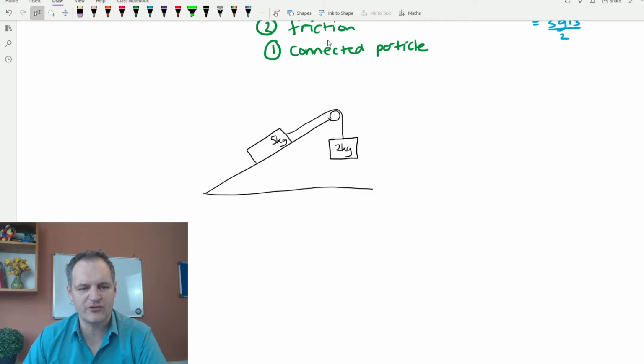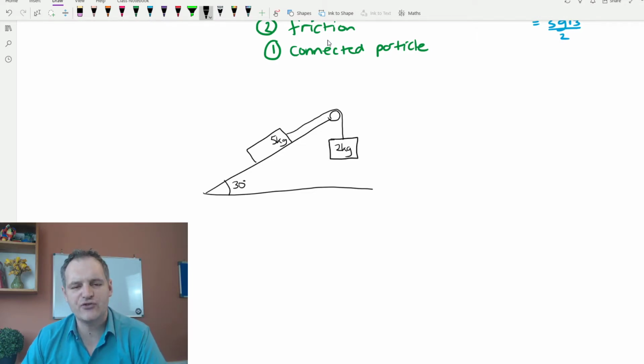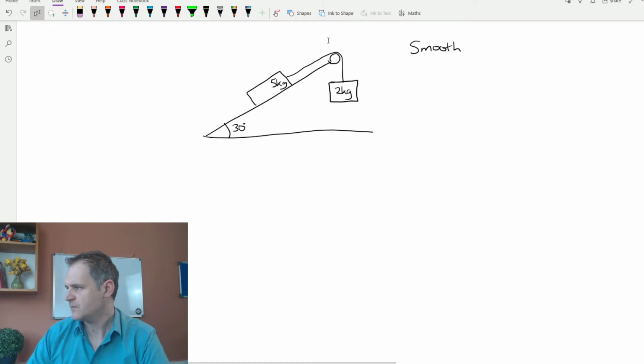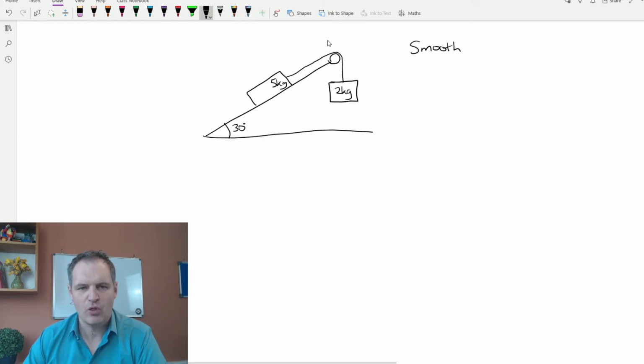We're going to keep some things the same. We're going to keep that angle at 30 degrees, but we're going to still consider it to be smooth. We do not want to overcomplicate this too early. What this means is there will be a tension. That tension is the same at both of those objects, which allows us to find something.